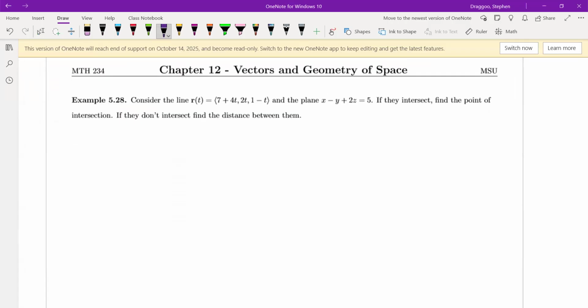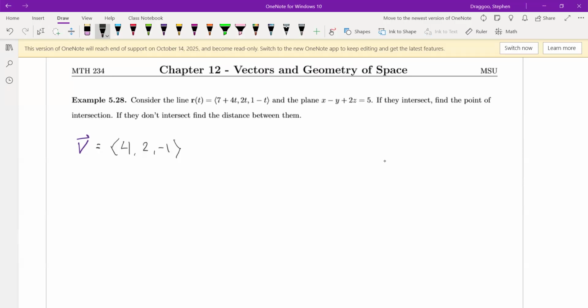So I would probably pick out my direction vector for the line. It looks like it's 4, 2, -1. Where am I getting all of these extra negatives today?